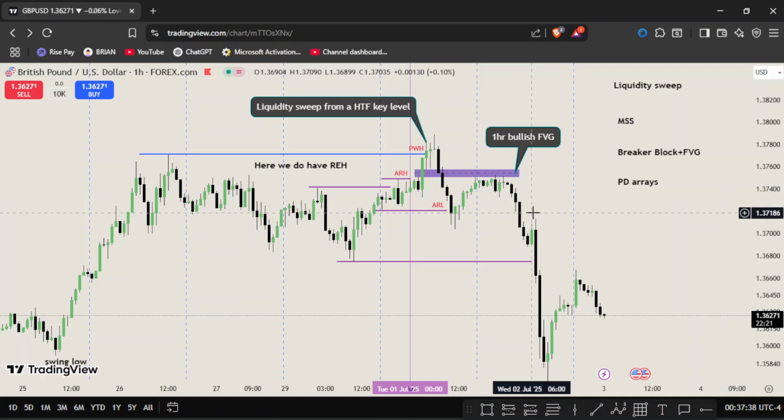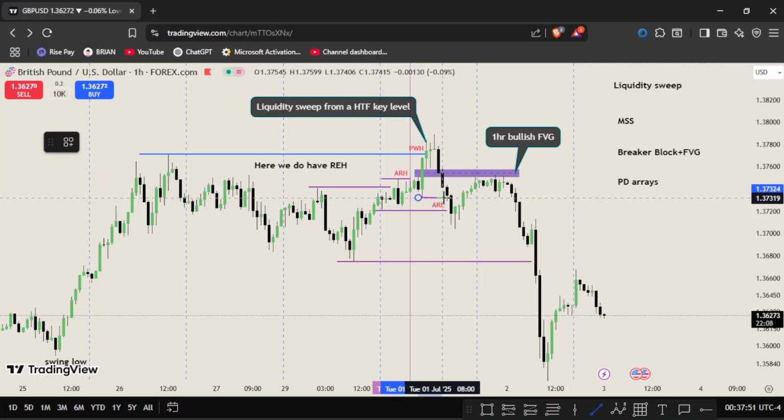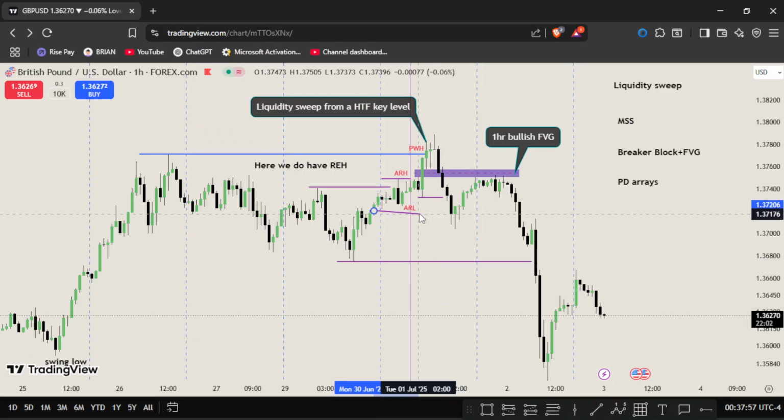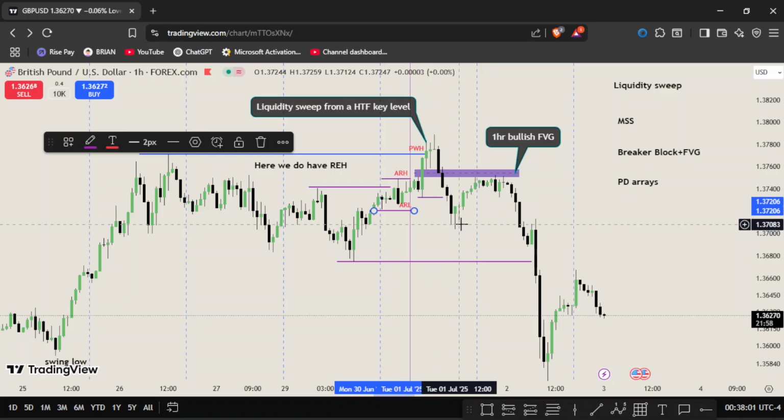Another thing that can help you identify, this was a swing low. Has price closed below this swing low? Yes, it has. Look at this. This was a swing low. Has price closed below that swing low? Let me put this behind so that you guys might be able to see what I'm talking about.